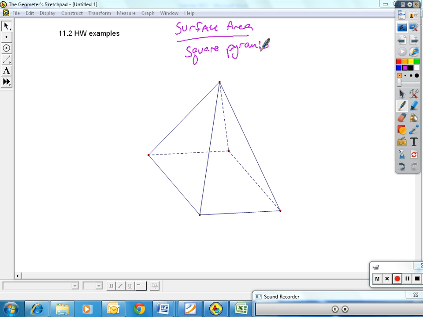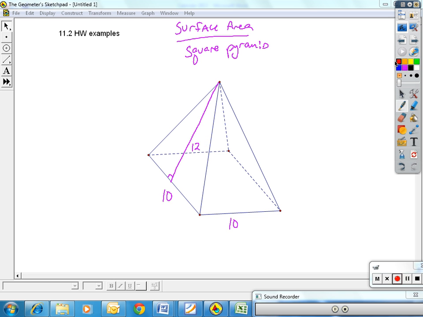Suppose this square pyramid has lengths of 10, and it has a slant height of 12. That's all the necessary information to find the surface area.